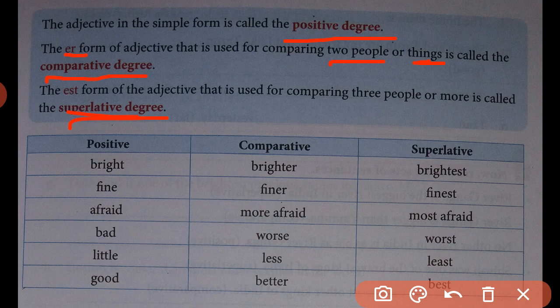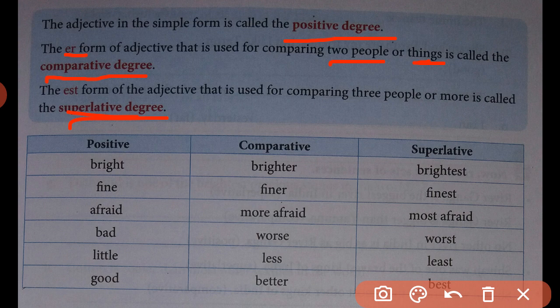Here we have used all three typical degree forms of the simple form good, that becomes better for comparative degree, and best for the superlative degree. So these three kinds of degree of comparison are used in grammar, especially for making the comparison.